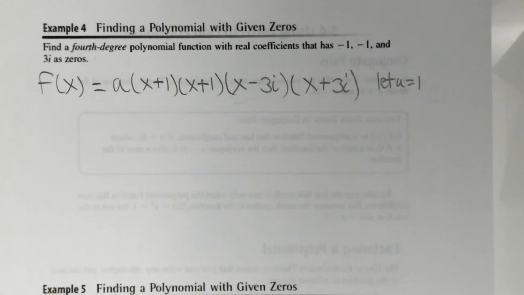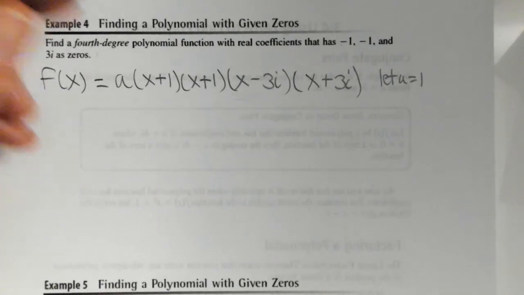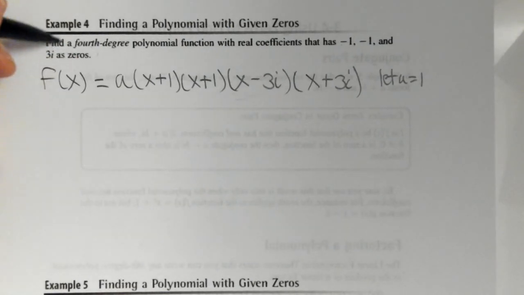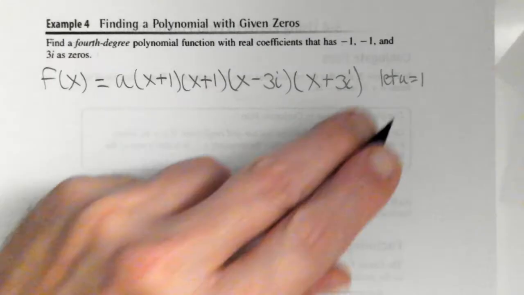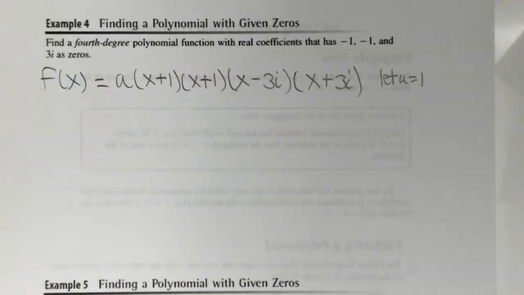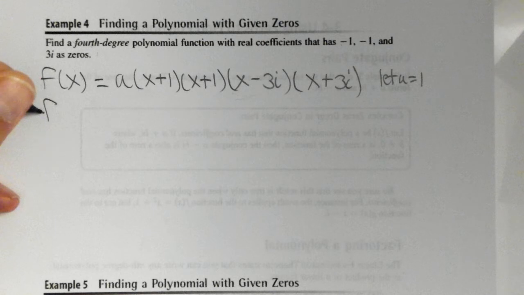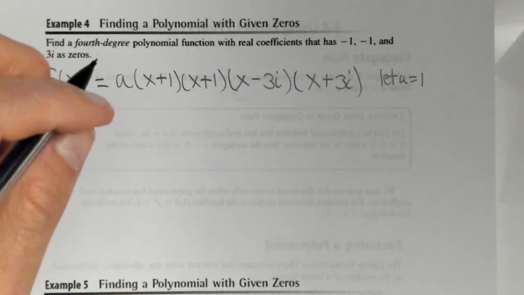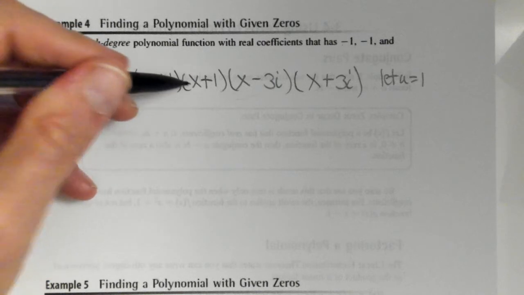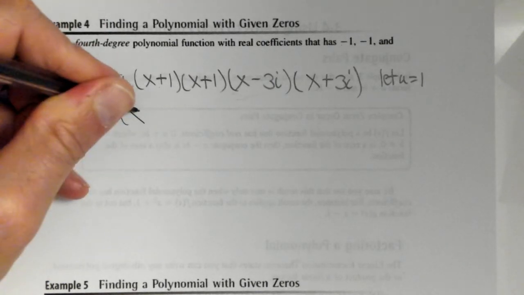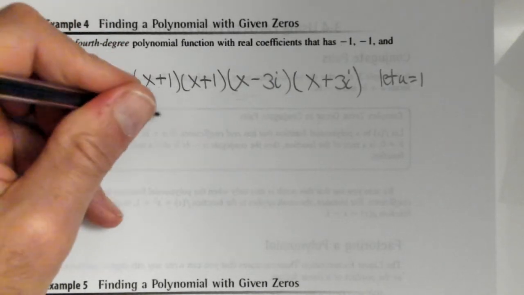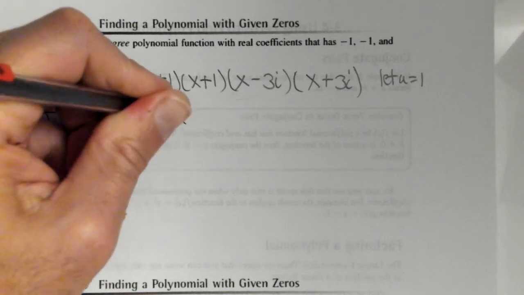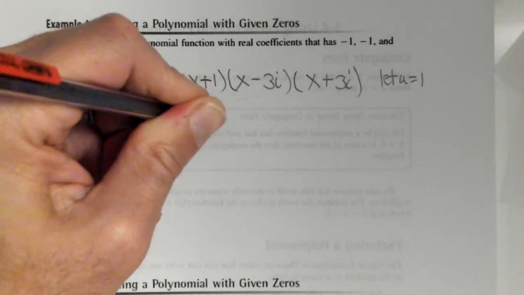I don't have to find all of them, just one of them. And so f of x, since that's 1, it pretty much just disappears. Let's multiply the first two together and get x squared plus 2x plus 1.